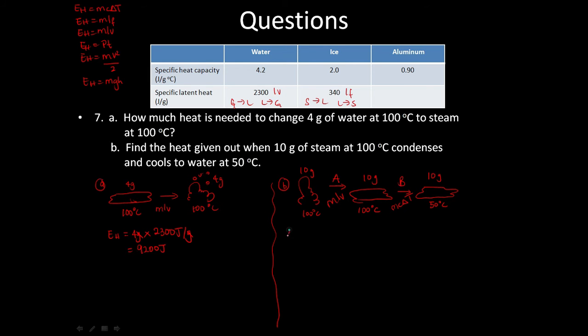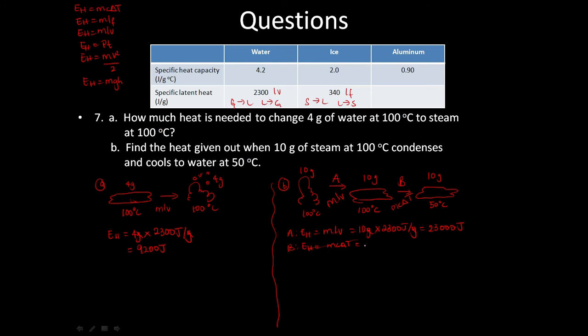So for A, we have EH equals MLV, and that will give us 10 grams times 2300 joules per gram. That cancels out, and we end up with 23,000 joules. And then we have B, where EH is equal to MCΔT.